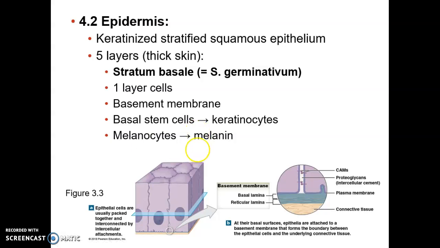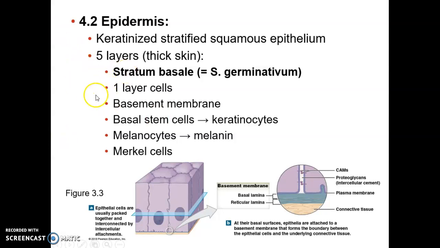The difference in skin color is based on the amount of melanin that's produced and the type of melanin, because as we'll see, melanin comes in different shades. Okay, and then there are also Merkel cells, which are involved in sensation of touch.